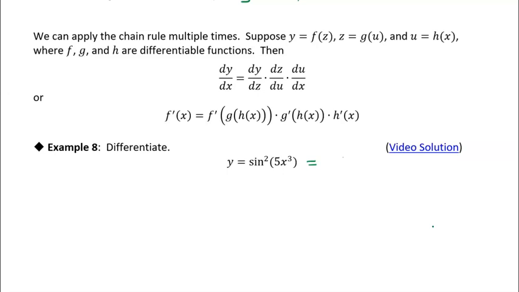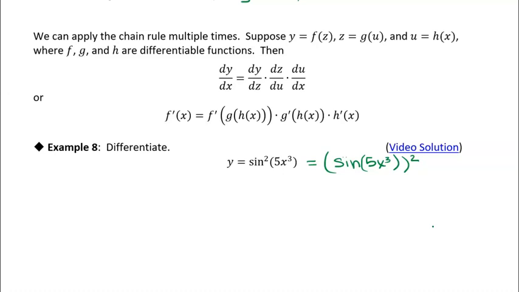When we have this notation where the sine is squared, we can rewrite that as the sine of 5x cubed, and all of that squared. I think if you rewrite it that way, it's easier to see what the outside function is. My outside function is the square, because I'm squaring the whole sine function, and inside the square is the sine, and inside the sine is 5x cubed.